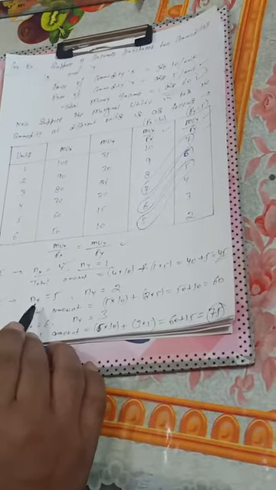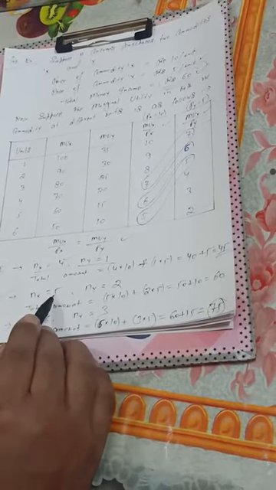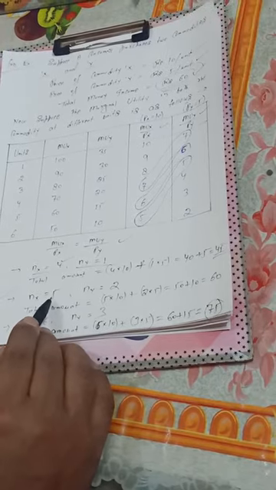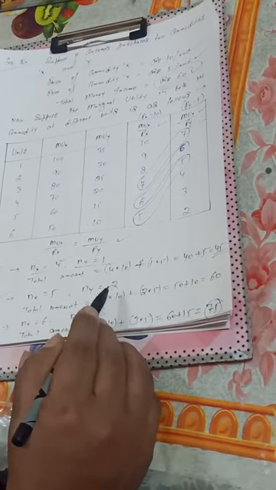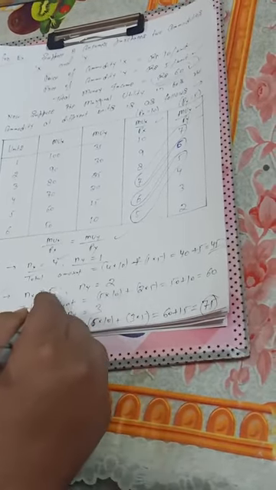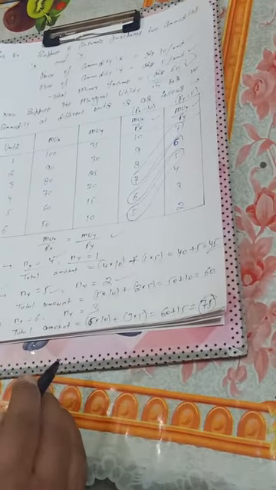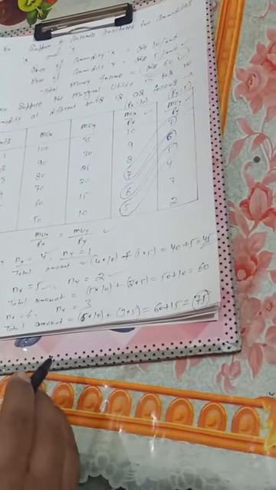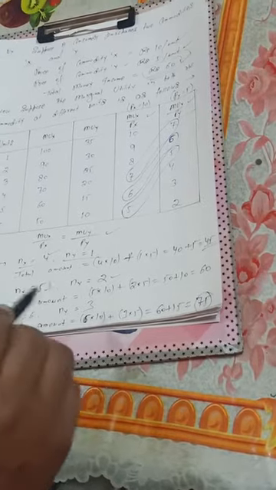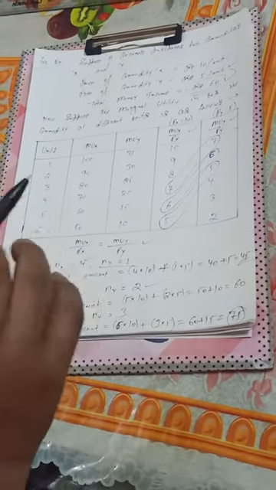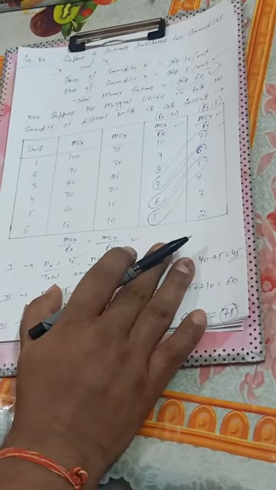So it means that the consumer will purchase 5 units of commodity X and 2 units of commodity Y. This will maximize the satisfaction of the consumer, and the consumer will get maximum satisfaction. This is the law of equimarginal utility. Thank you.